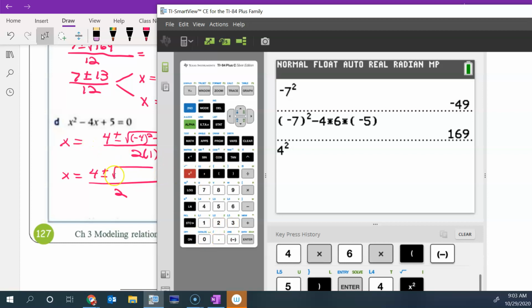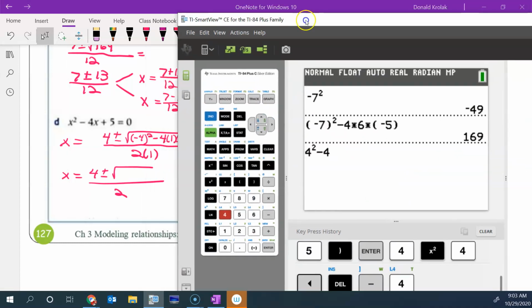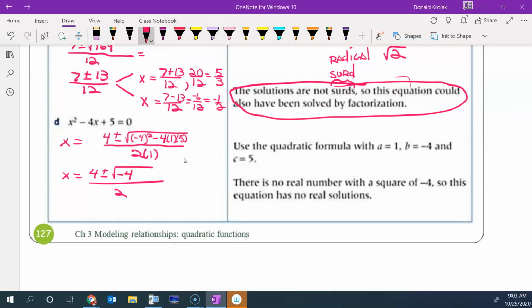Then I'm going to go minus 4. I've got 1 and 5. 4 times 1 times 5. Boom. -4.